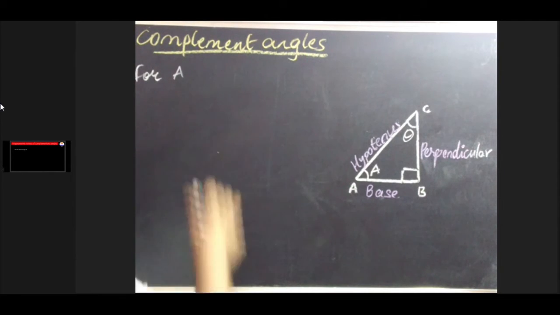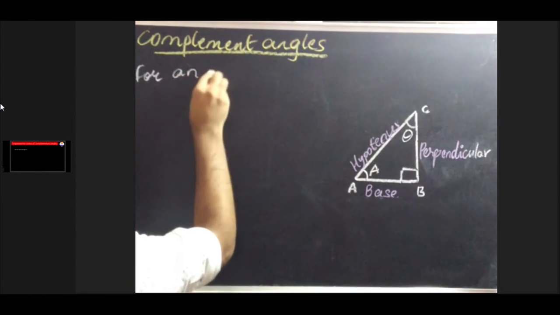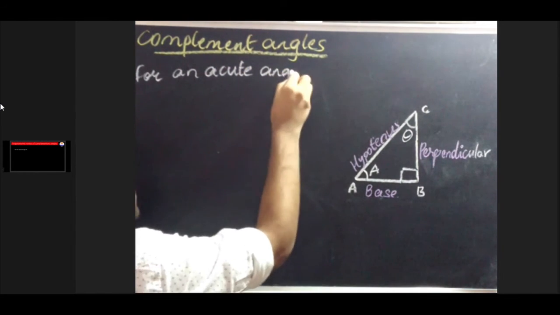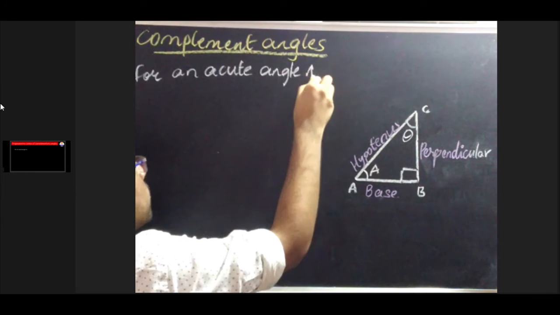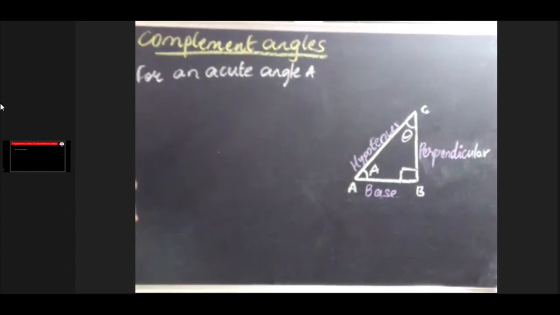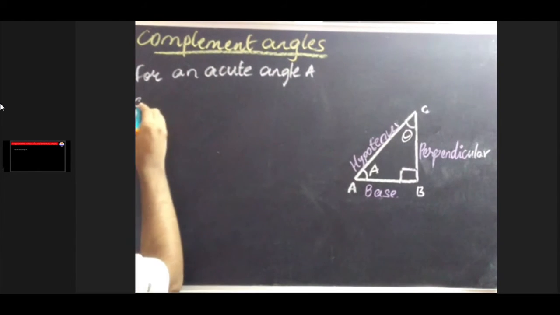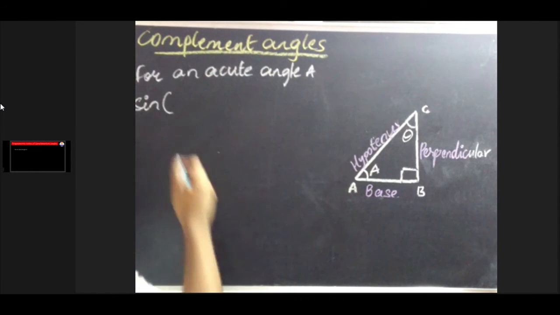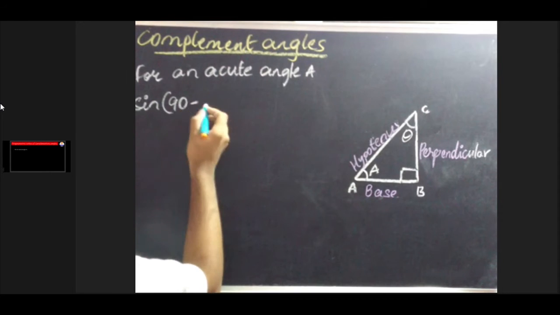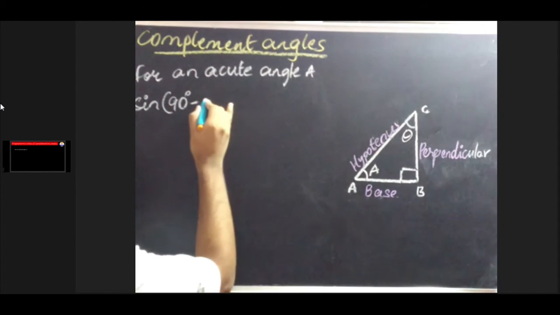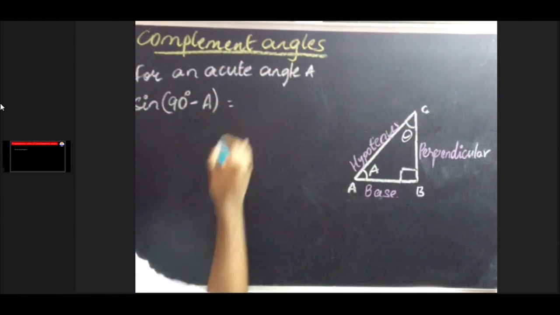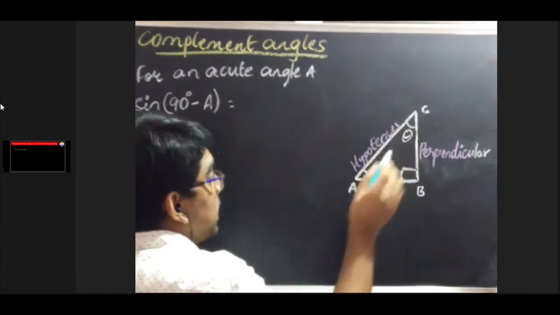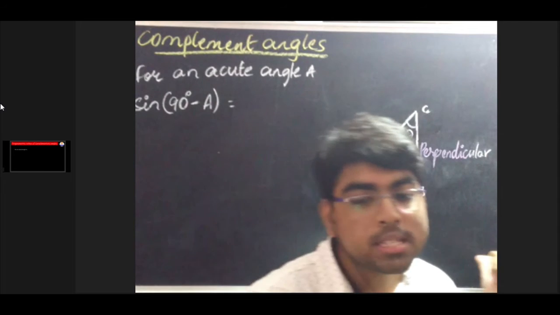So better if I say for an acute angle A, sine, the complementary angle for acute angle A is 90 degrees minus A, which will be sine theta itself.